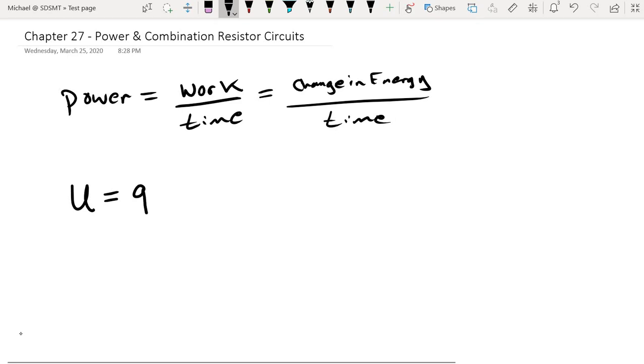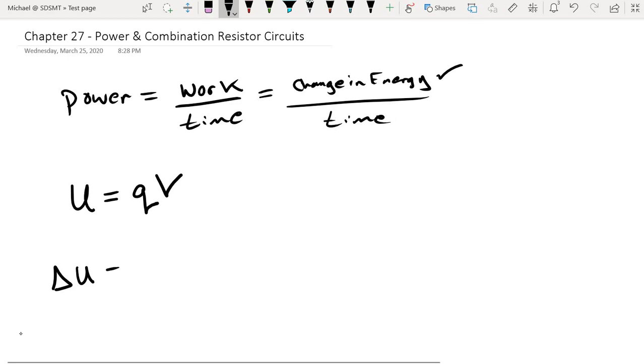And in chapter 25, we got this equation that says that the potential energy can be represented as the charge times the electric potential, or as we're starting to call it now, the voltage. And so if we apply our definition of power to this potential energy expression, first of all, we have to have a change in energy.